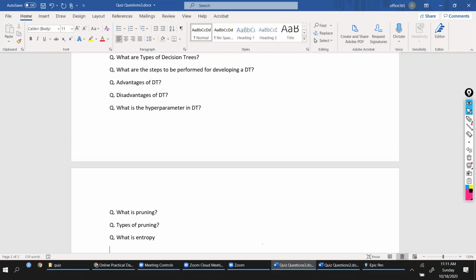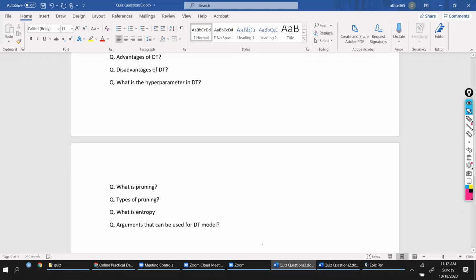What can I ask? Okay, what all parameters, what all arguments can be used for decision tree growth? Very good. Depth.